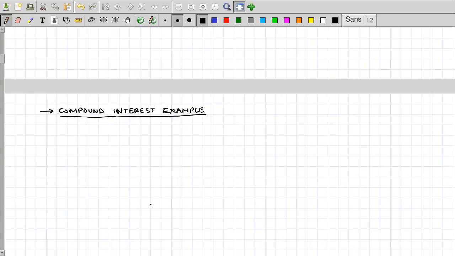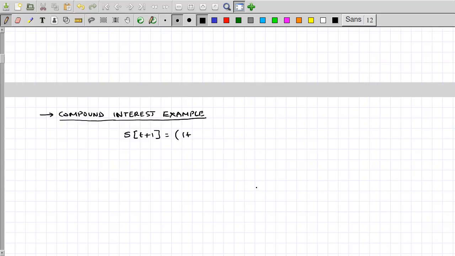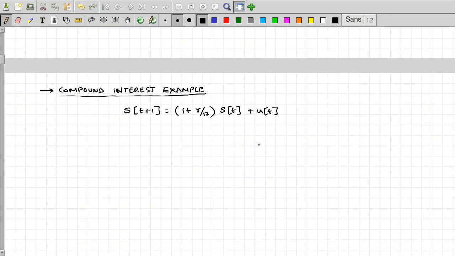And that discrete time system was S of t plus 1, where S is the total accumulated money in your bank, and t is the month number, equals 1 plus the yearly interest rate divided by 12, times S of t, plus u of t representing the amount of money you put in each month. And our output y of t was simply equal to the total money accumulated, S of t.